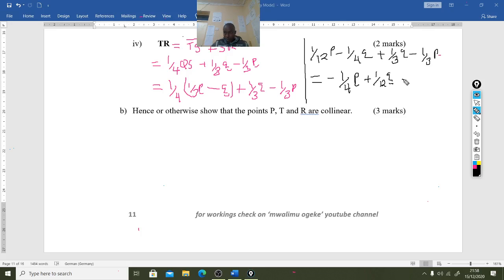This can still be equal to, you can equalize and say it is equal to 1 over 12 q minus a quarter p.